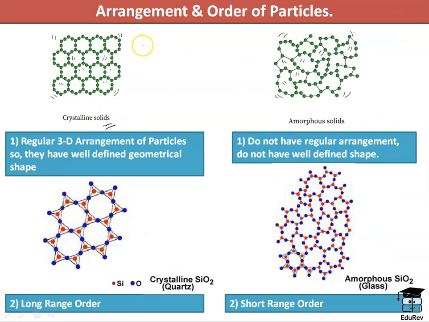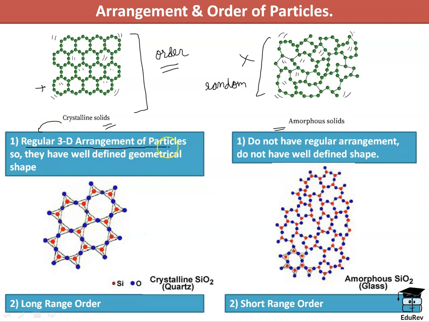Crystalline solids. The structure of crystalline solids looks like this. Here you can see a perfect order, a perfect arrangement, whereas in amorphous solids the order is not perfect, it is very random. The first property of crystalline solids is a regular 3D arrangement of particles.